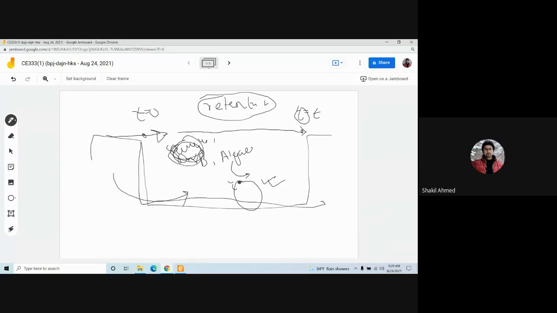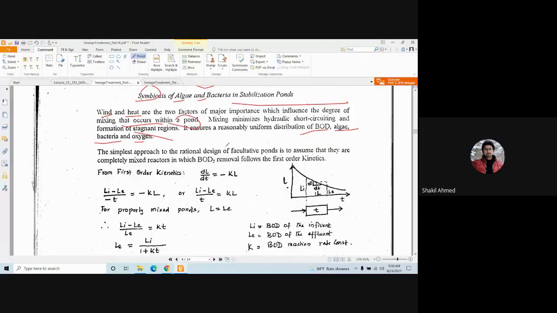So that's not a good mixture actually. So you need to mix it thoroughly if you want a uniformly distributed load. And if you have wind here, that wind plays a vital role to mix this load so that loads are distributed everywhere, to distribute BOD, algae, bacteria, and oxygen.